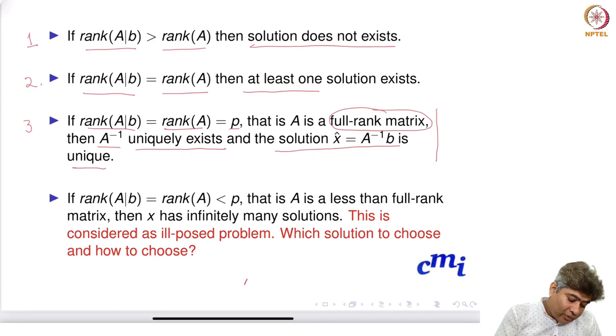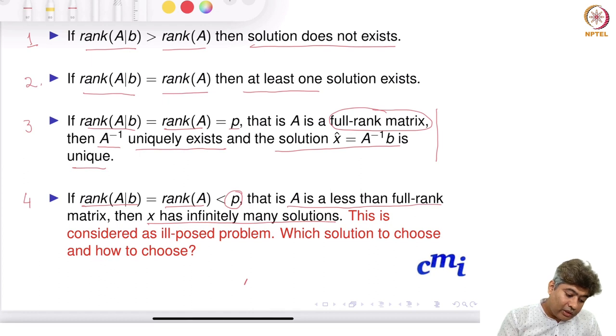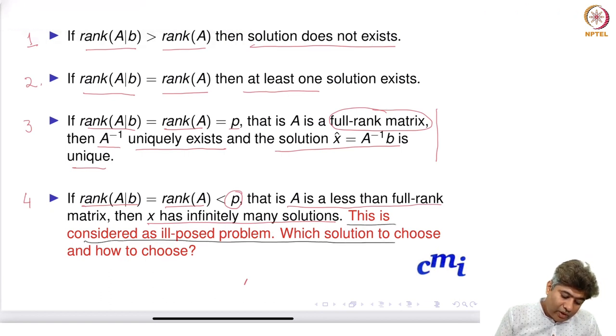And the fourth situation is if the rank of A augmented with B is equal to the rank of A, but it is less than p. That means A is less than full rank. Then x has infinitely many solutions, and this is considered an ill-posed problem. You may have a solution, but you have infinitely many solutions, and that is very difficult.